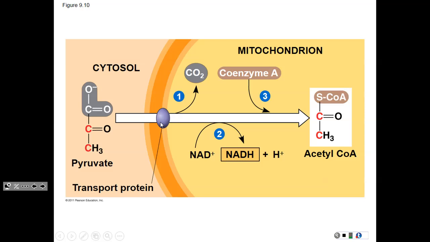It doesn't do anything but move pyruvate from outside the mitochondria to inside the mitochondria. That's the only job for this protein. It's a membrane-bound protein. It's very specific. It shouldn't surprise you to hear that it's part of the nature of proteins to be very specific. This is such a protein.